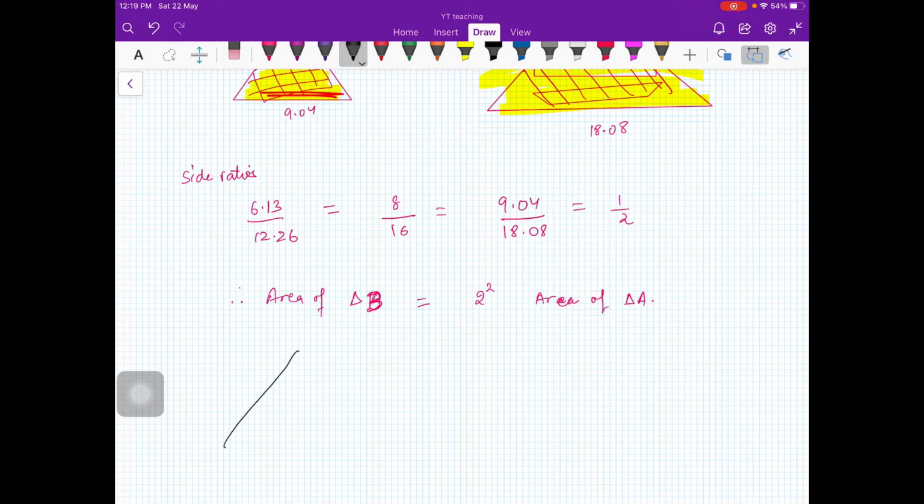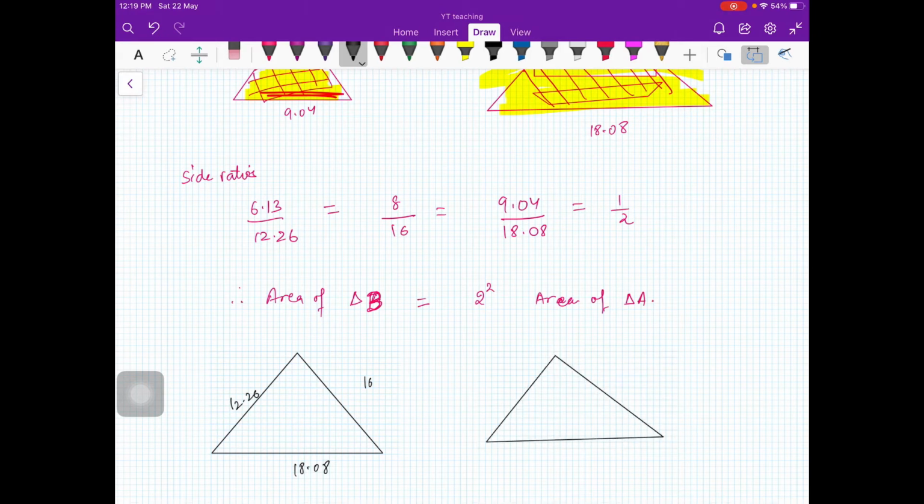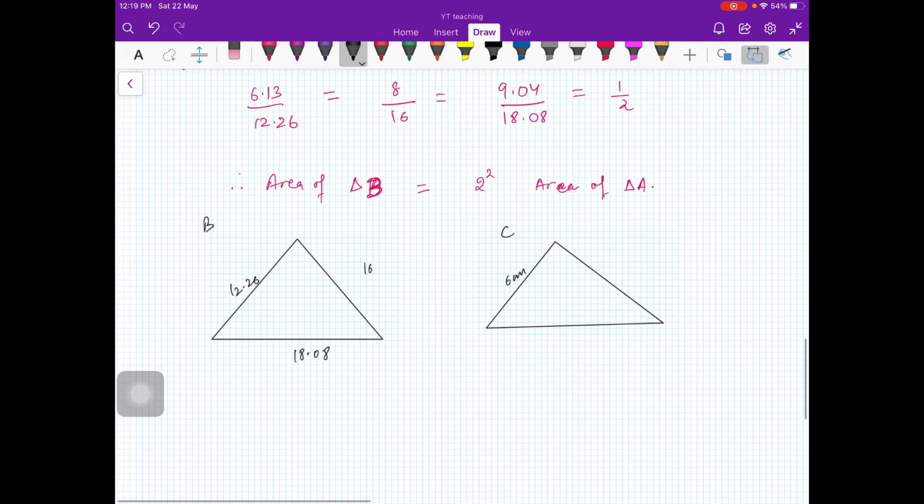Now, if you look at triangle B and C, B was your 12.26, 16 and 18.08, and here C was your, this is your B, this is your C. C is 6 centimeter, right? Now we know that they are similar, so you look at the ratios.